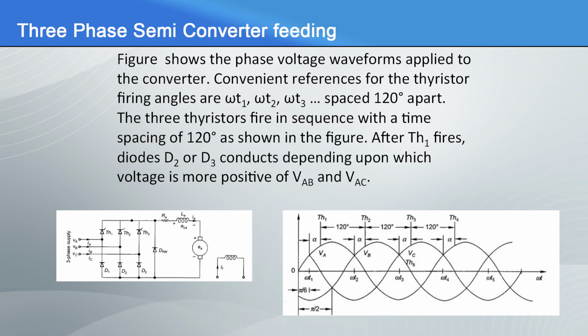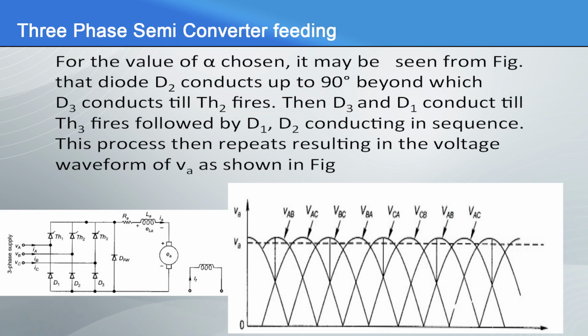For the value of alpha chosen, it may be seen in the figure that diode D2 conducts up to 90 degree, beyond which D3 conducts till thyristor TH2 fires. Then D3 and D1 conduct till thyristor TH3 fires, followed by D1, D2 conducting in sequence.